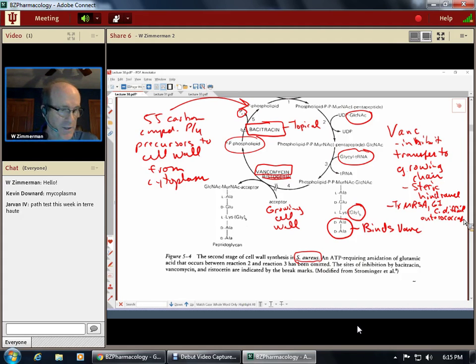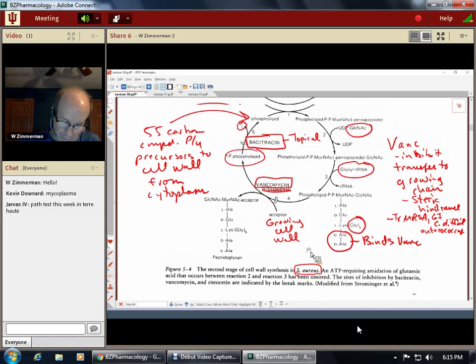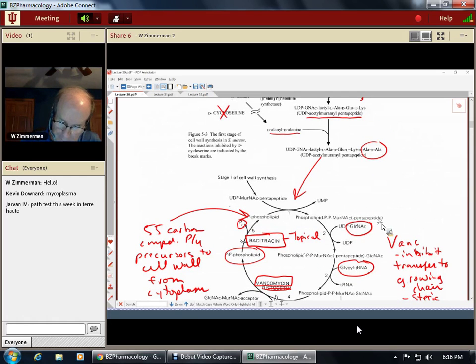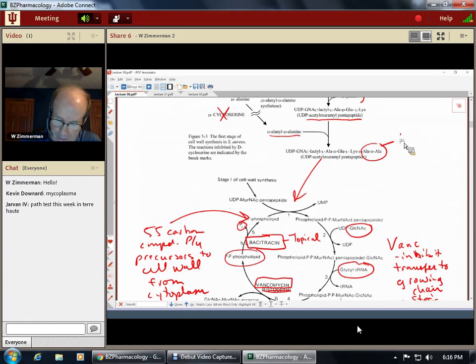At this point, I think I'll go ahead and mention, just as a matter of repetition, we are seeing resistance to vancomycin. And resistance occurs by the bacteria changing that last D-alanine to D-lactate.